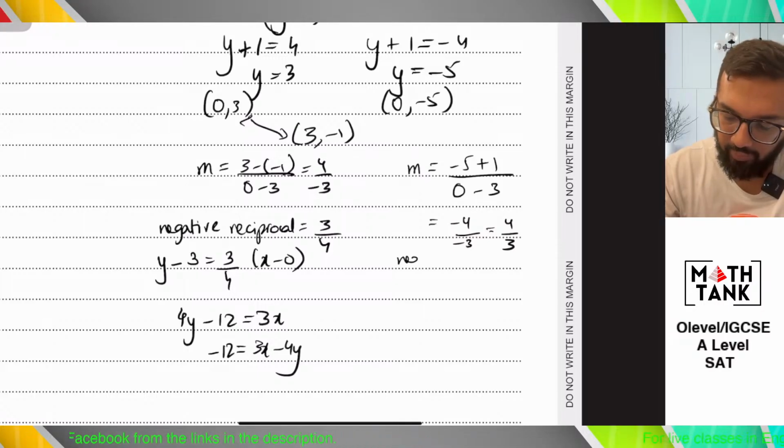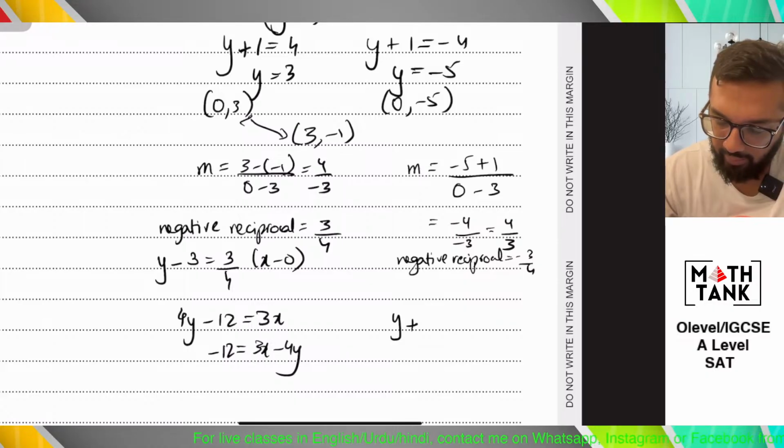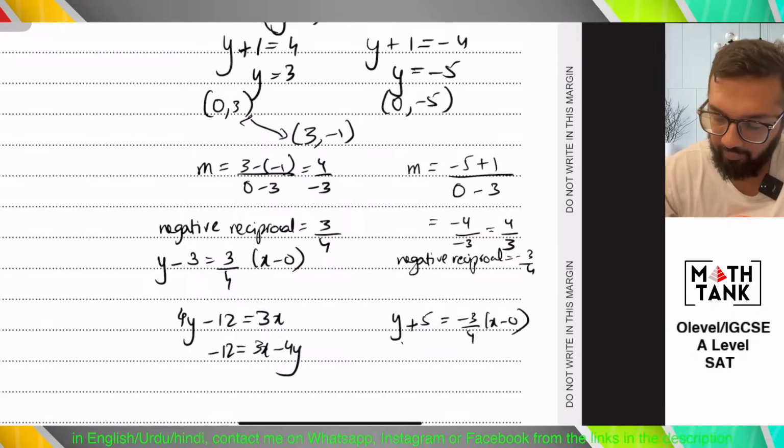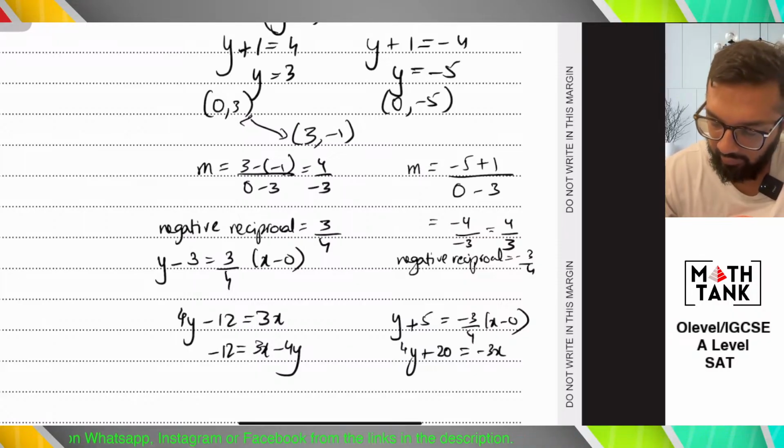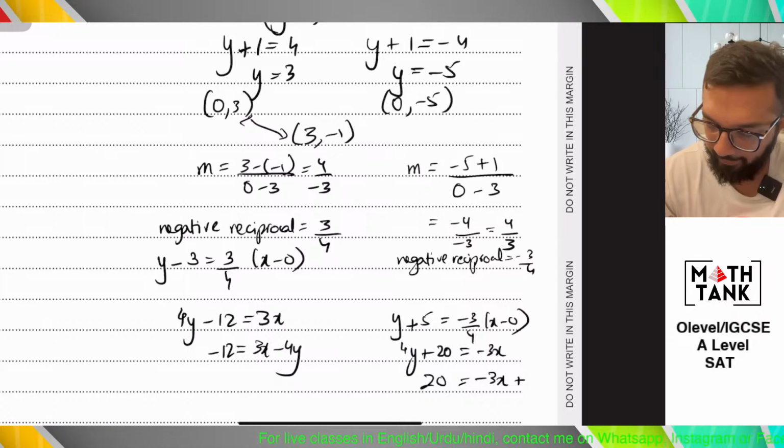Negative reciprocal will be minus 3 over 4. y minus y1 equals mx. So 20 equals minus 3x minus 4y.